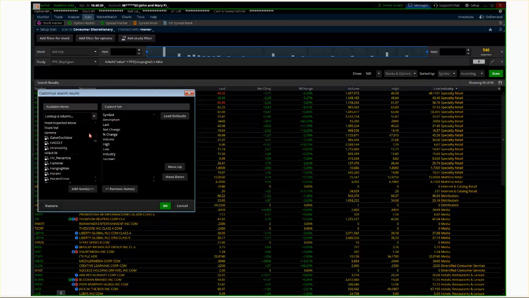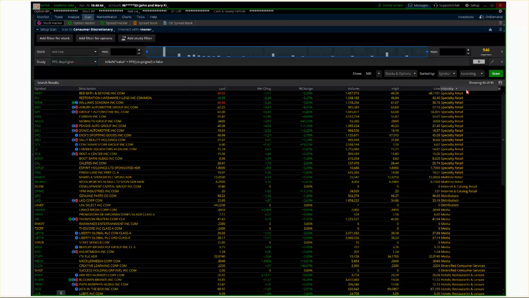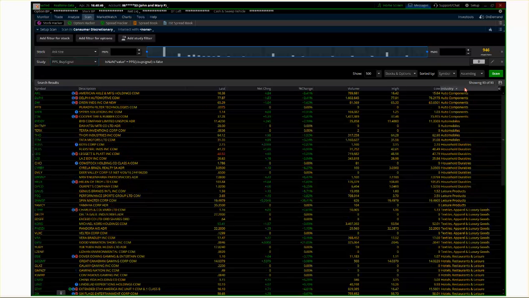I hope you guys saw it because it was here a minute ago. Industry. If you click on Industry, add the item, which I've already got, right? If you add the item, and I'll just remove the item because I already have it twice, and then just hit OK, you will find Industry gets listed on your columns.